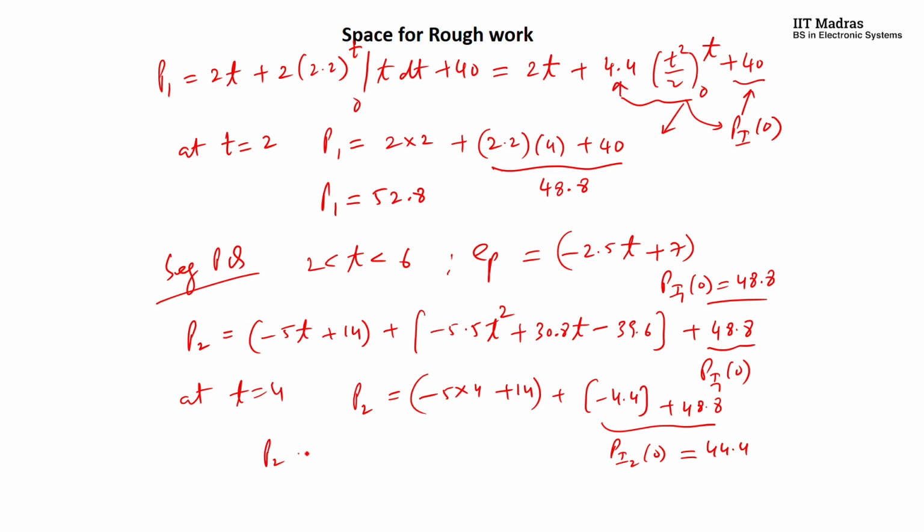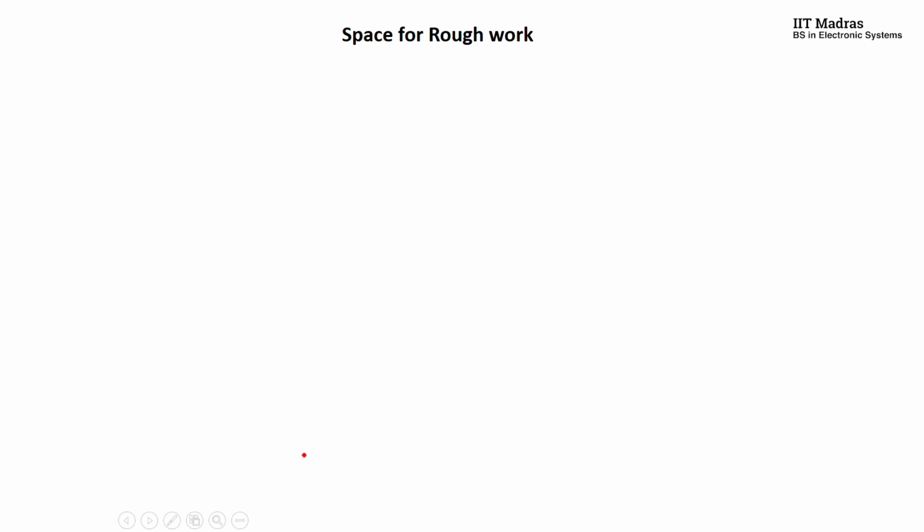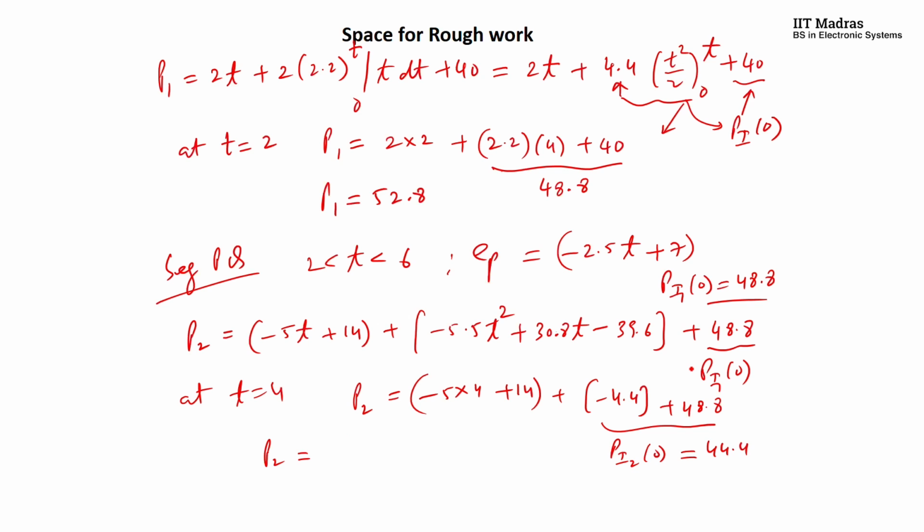And the control output P2 would come to 38.4. So you see that we have separated out the integral component term and added it to the previous integral contribution, so it comes to 44.4.